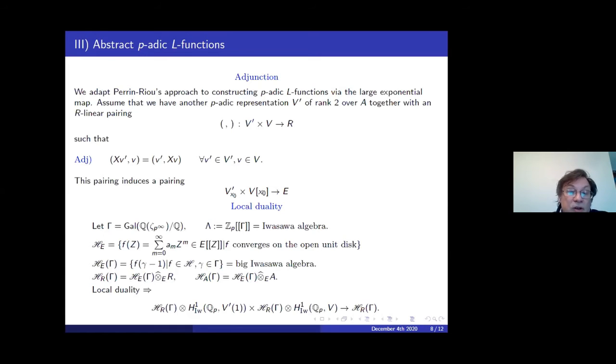So the local duality together with this pairing gives rise to a pairing between local Iwasawa cohomology with coefficients in V and V prime 1 with values in this big Iwasawa algebra. This is again an R-linear map because the pairing between V prime and V is R-linear.